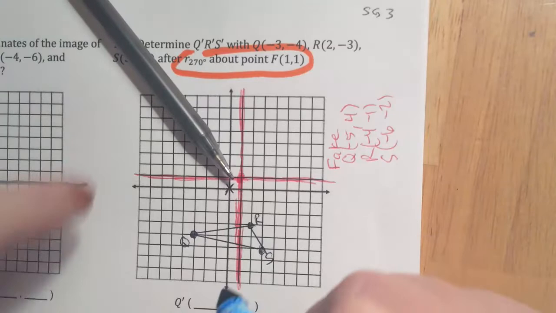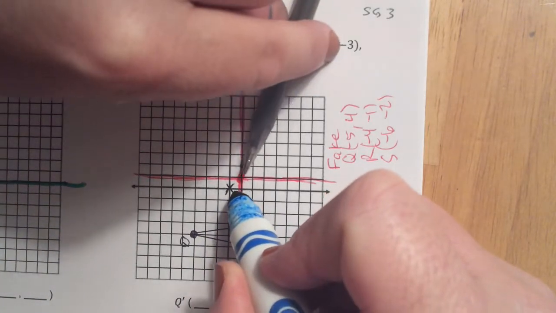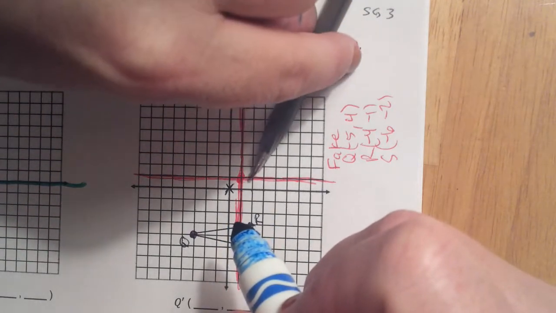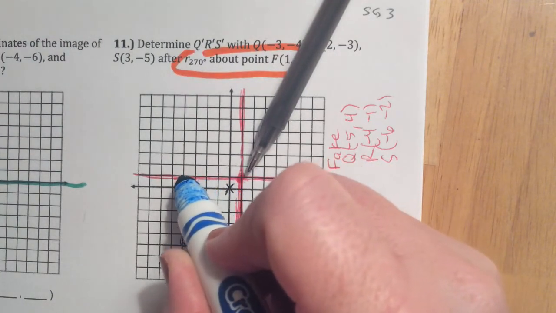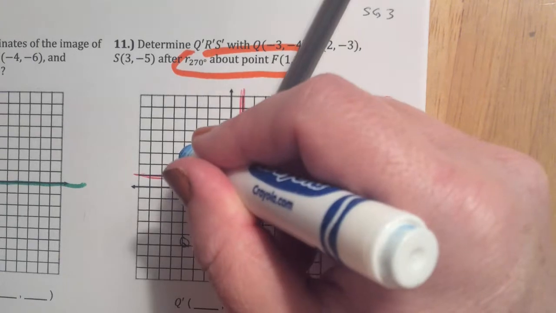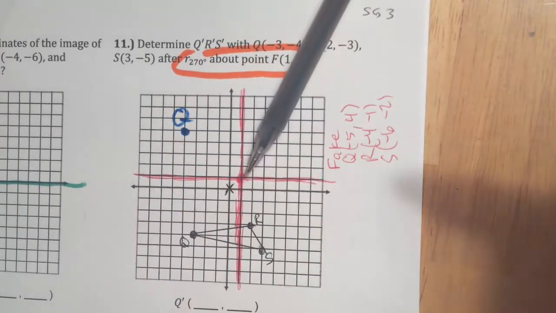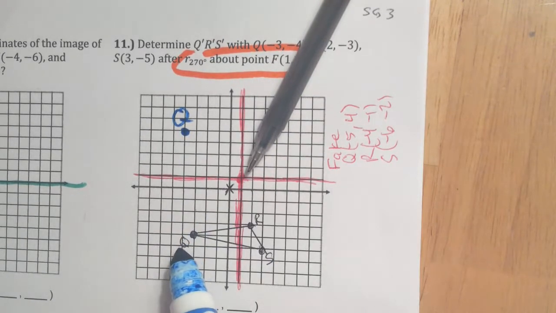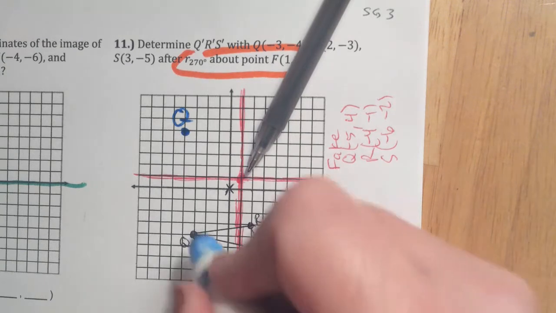Okay, so we're going to go negative 1, 2, 3, 4, 5, positive 4. 1, 2, 3, 4. That will be my Q. And it was at this quadrant. So this would be going against the clock. That would be 90, 180, 270. So yep, it's in the right spot.